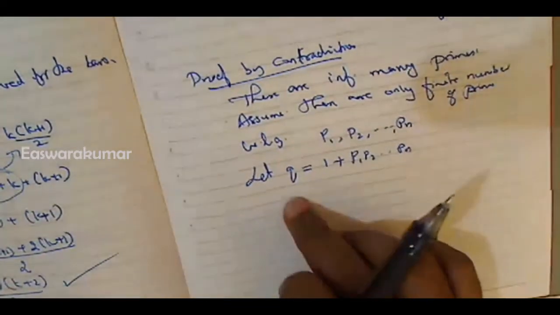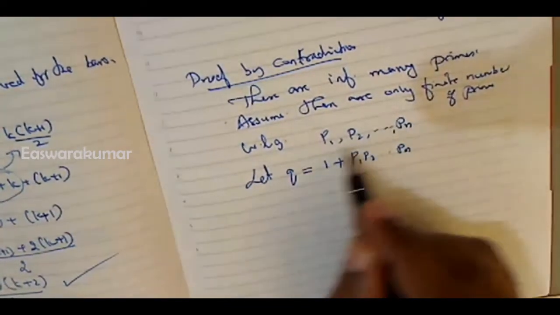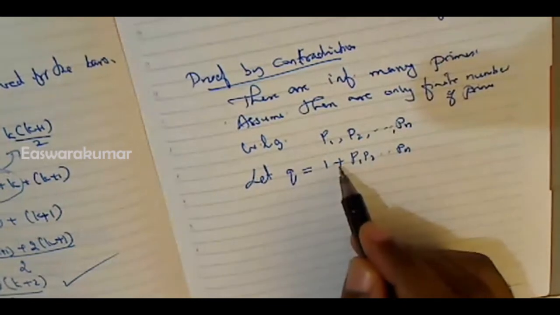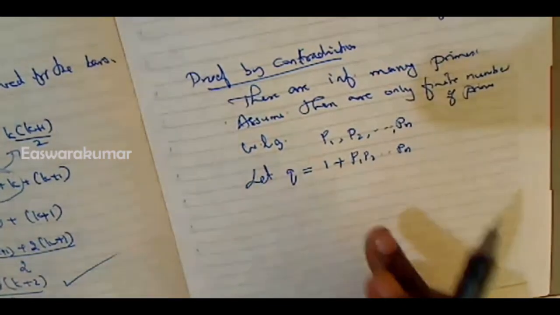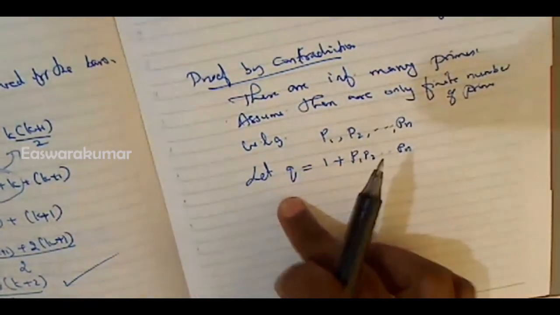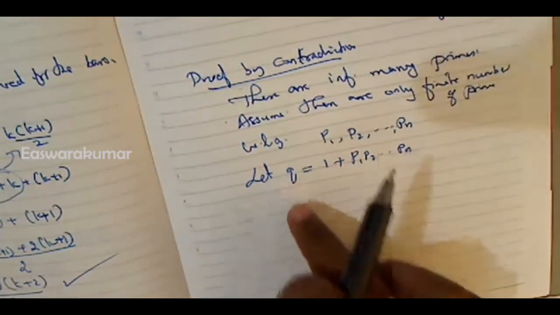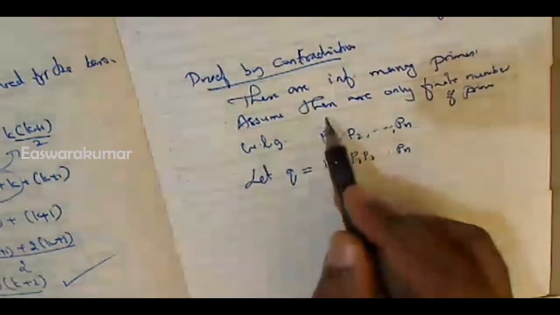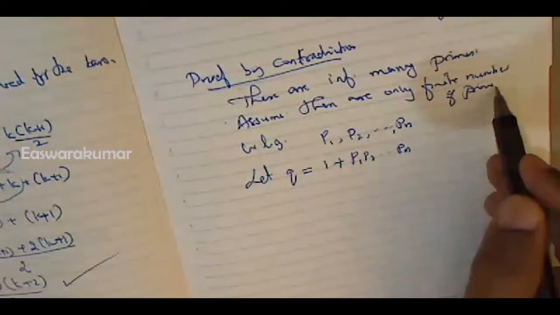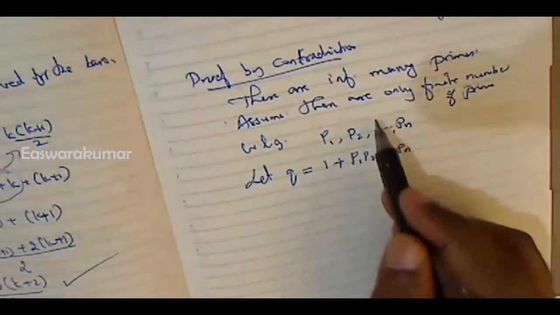Q itself is a prime number which is larger than all of these, because the product is added with a 1. So that is larger than that. Here we get a contradiction, because our assumption is that there are only finitely many prime numbers and they have all been listed out.